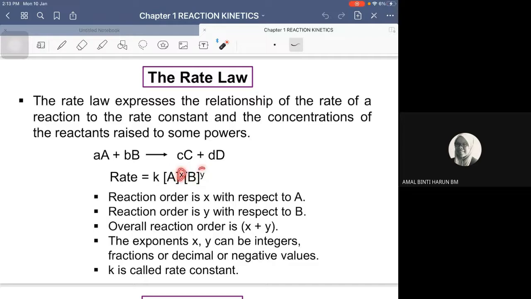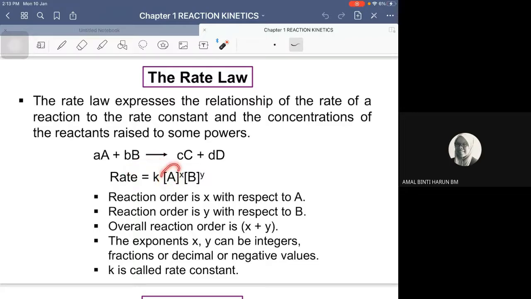Order penting untuk menjelaskan bagaimana concentration setiap reactant akan mempengaruhi rate. Contohnya, jika kita menambah concentration of A, adakah concentration A yang ditambah ini akan mempengaruhi rate?